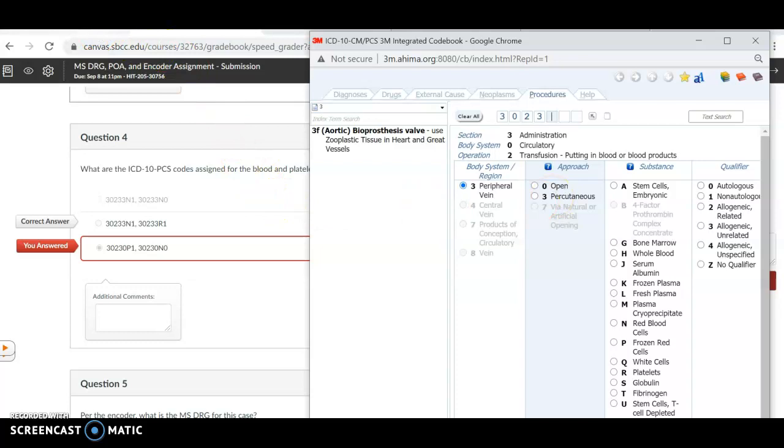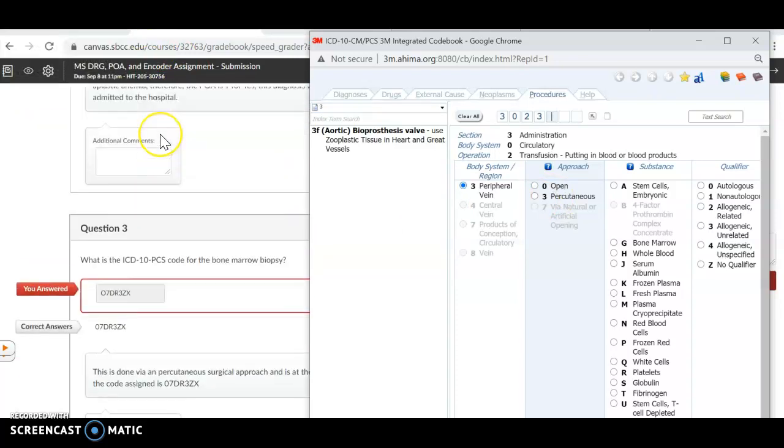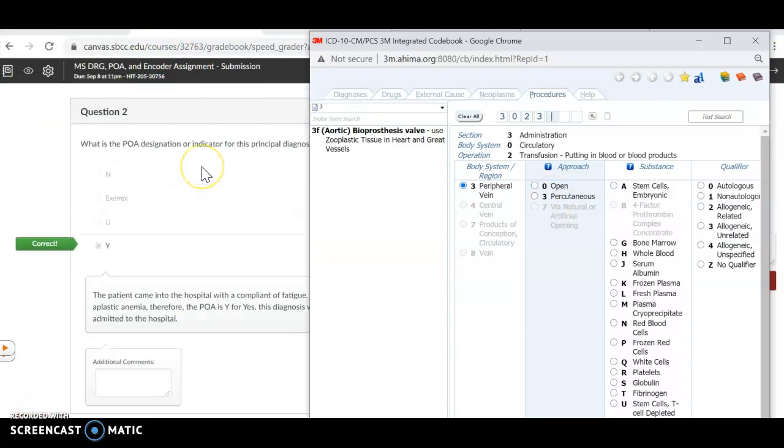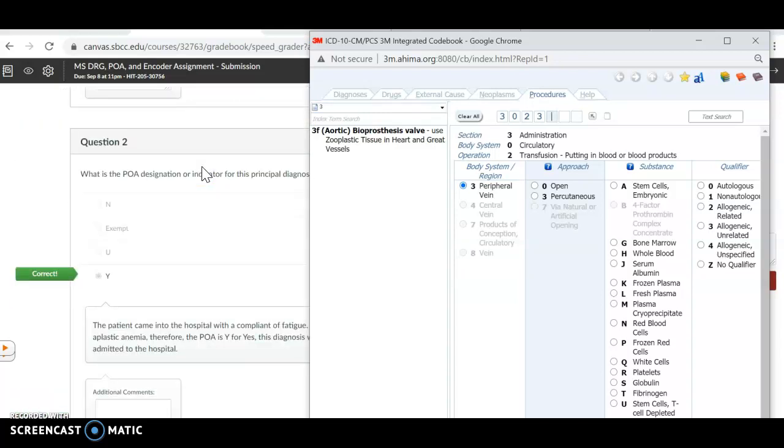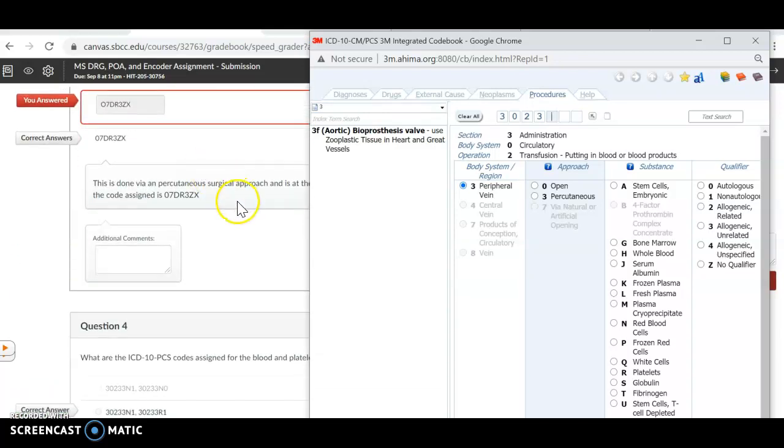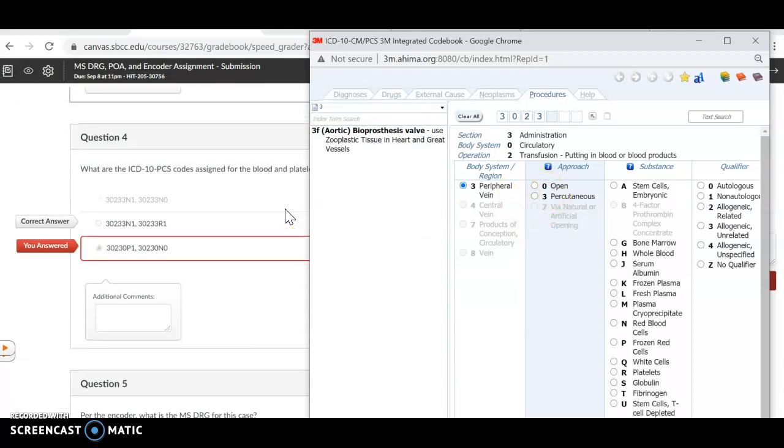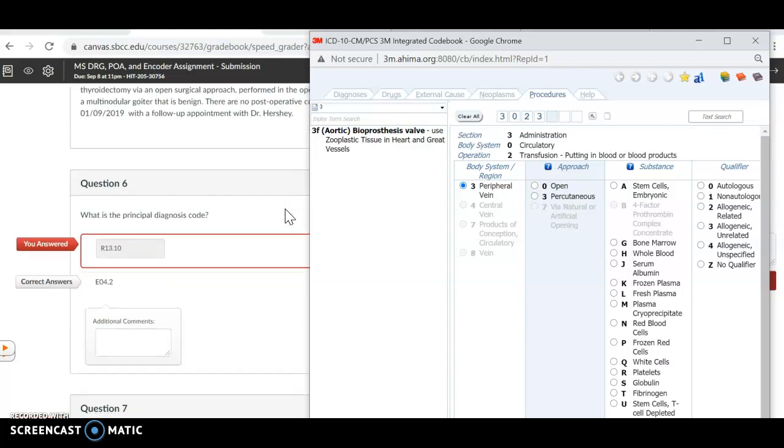So if you go back to the assignment on this, I don't think I've ever really seen an open blood transfusion. So something to keep in mind. With a transfusion, it's going to go through the vein, which again is going to be percutaneous.